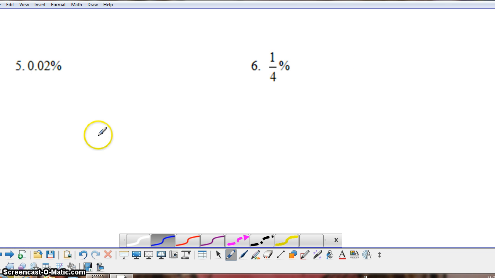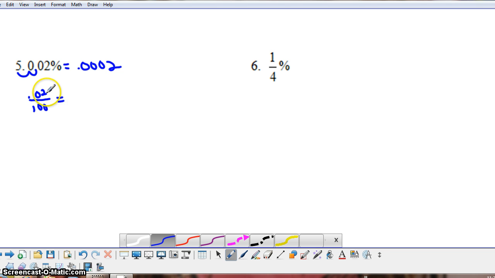Let's take a look at two other examples here. Changing this 0.02% to a decimal, we would move the decimal over 2 places to the left. We'd have 0.0002. Now, just to convince you that this is correct, remember, percent means per 100, so we could think of this as 0.02 over 100.